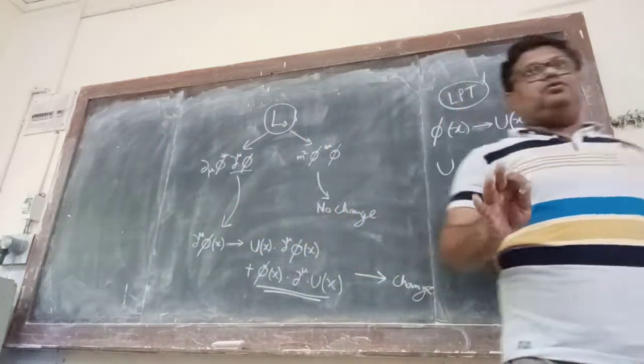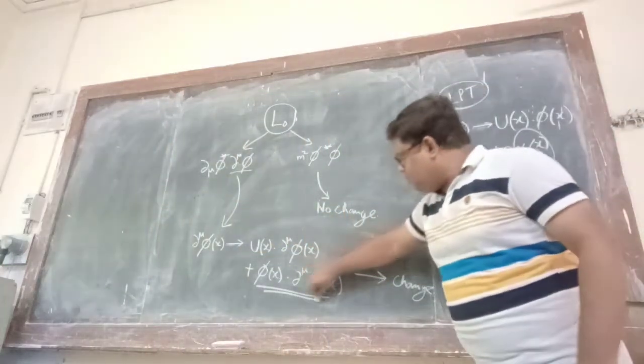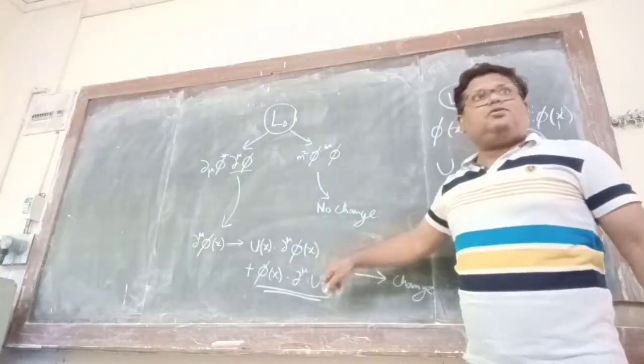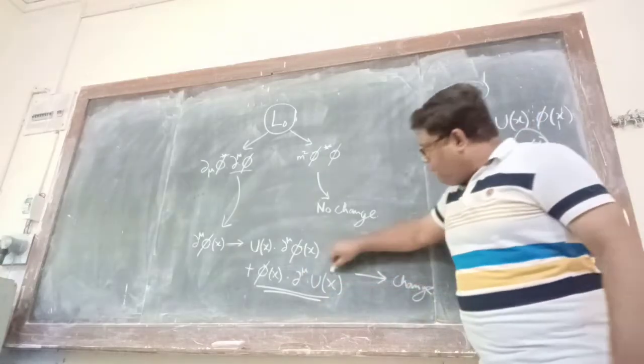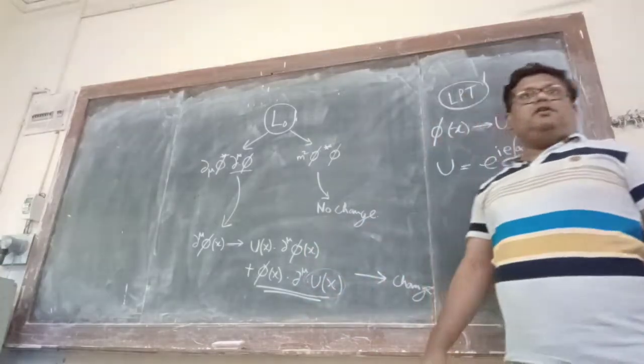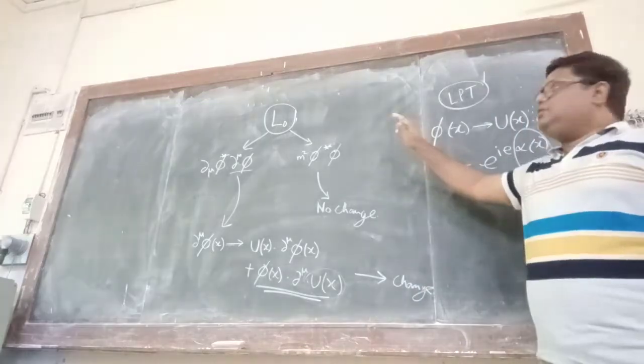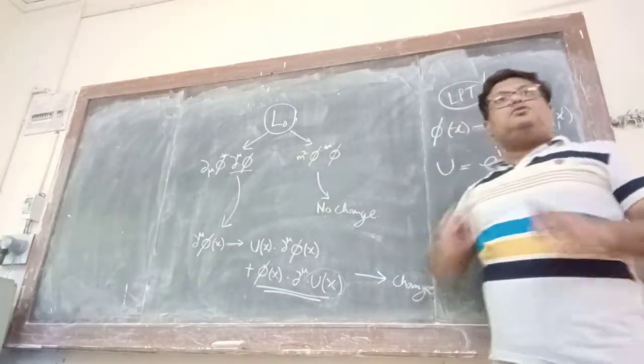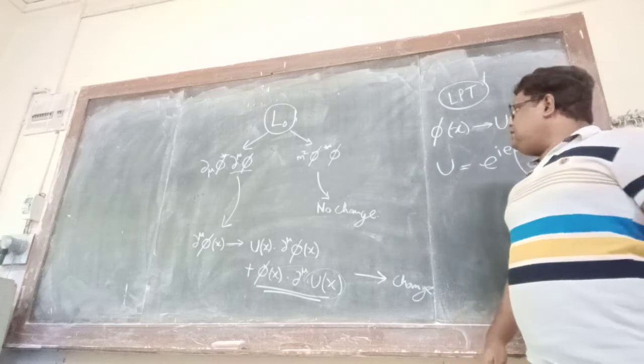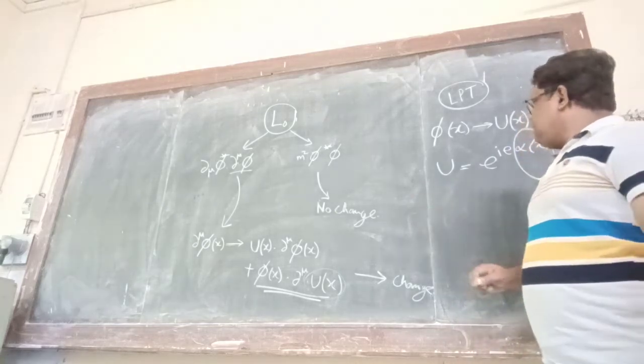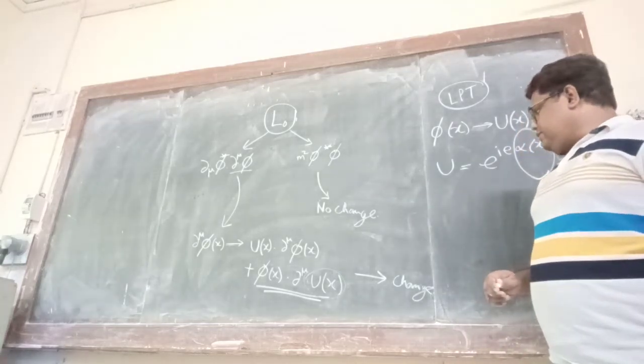Previously there was no issue. Why? Because in this term there was no dependence, so there was no issue. But now because of this dependence, we are observing that the Lagrangian density is no longer invariant under local phase transformation. Okay.